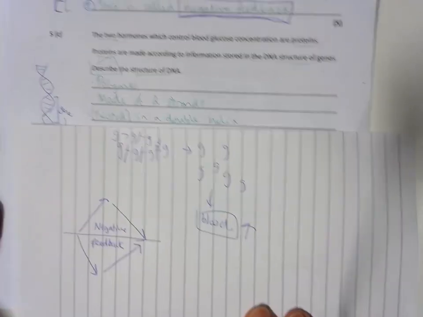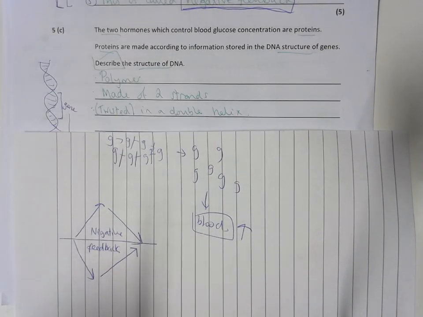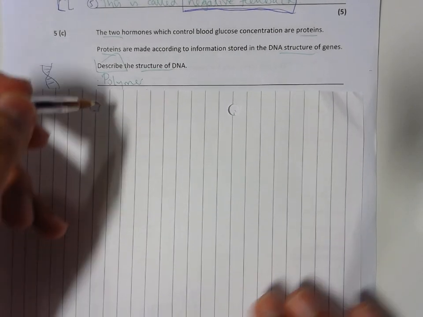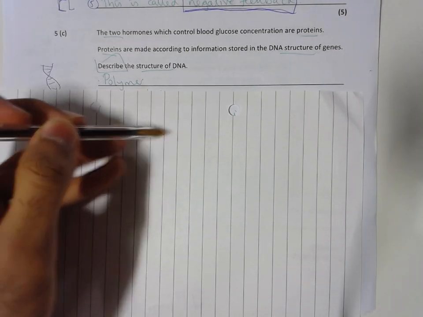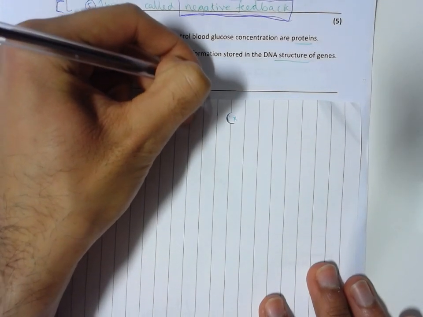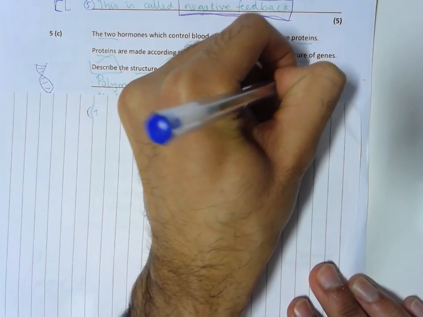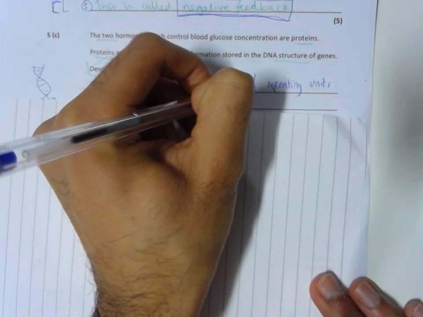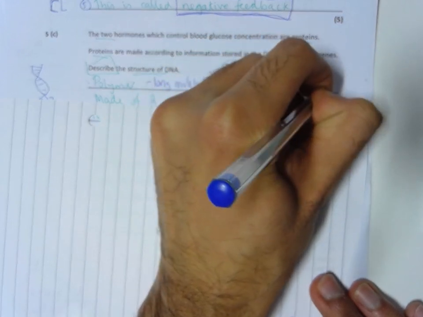The final part of the question is about some recap from things we did last year about DNA. First, describe the structure of DNA. Well, we know it's a polymer. What is a polymer? A polymer is a long molecule made up of lots of repeating units. Okay, so if you didn't know that, it's a long molecule made of repeating units joined together by covalent bonds.